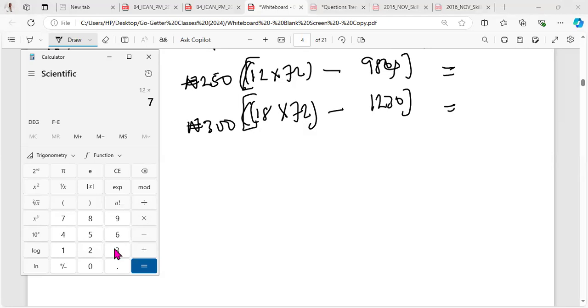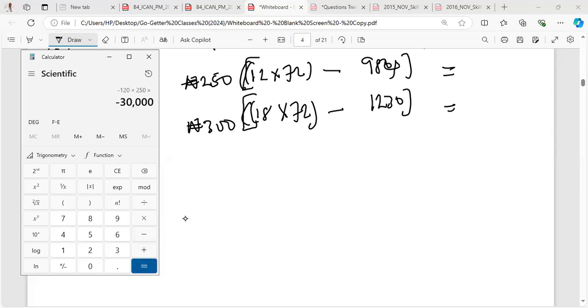If I minus 864 minus 984, that will give me negative 120. If I multiply negative 120 by 250, that will give me negative 30,000.